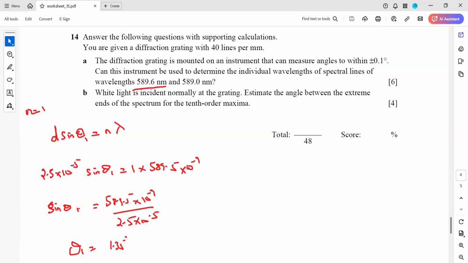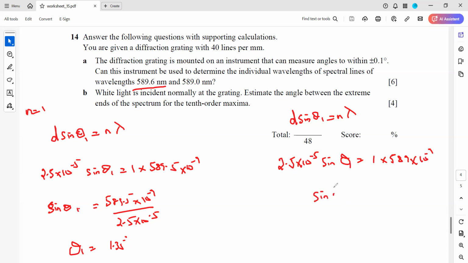And we'll repeat the procedure for the second wavelength, which is also d sine theta 1 equals n lambda. But this time the wavelength is different. So 2.5 exponent minus 5 sine theta 1, n is 1, and the wavelength 589 exponent minus 9.